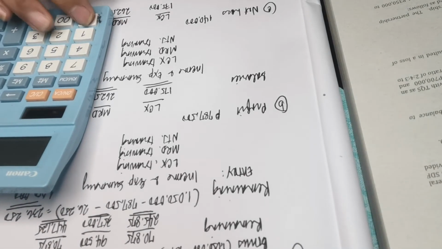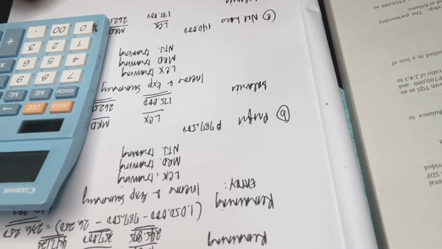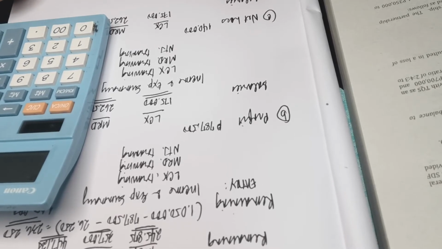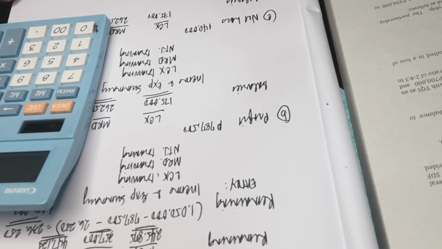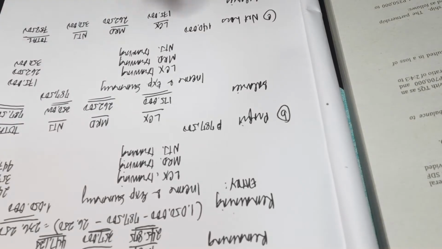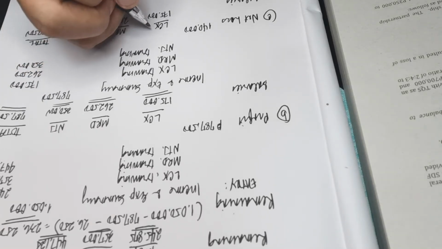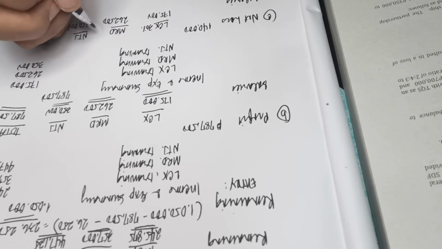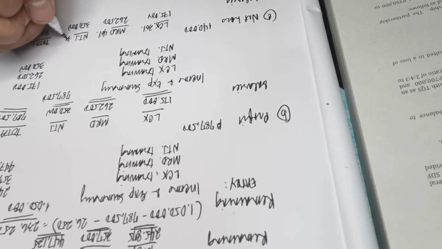Magkakaroon pa ng additional losses. So, 787,500 plus 140,000 is 927,500 that we have to divide sa mga partners. Right? Remember, may lugi sila pero hindi pa yung sweldo. So this will be shared by LCX 30%, MRD 40% share, and then NTJ also 30%.